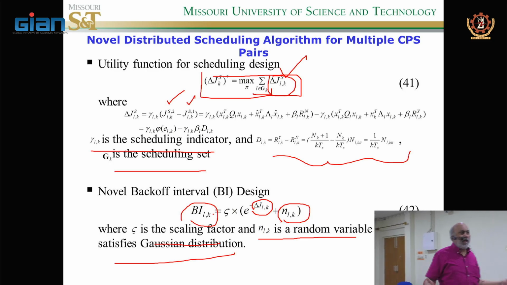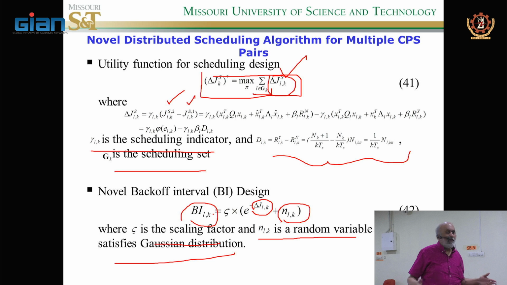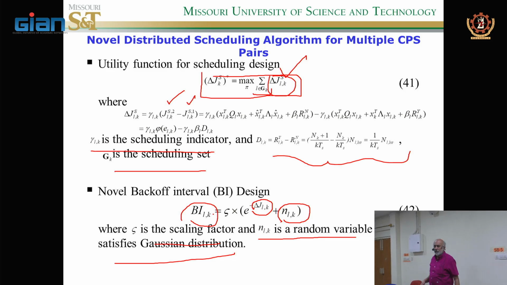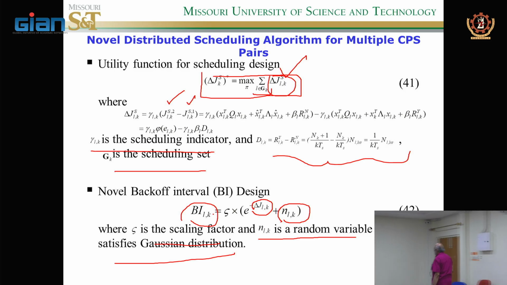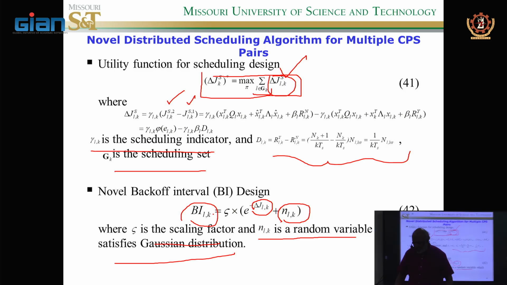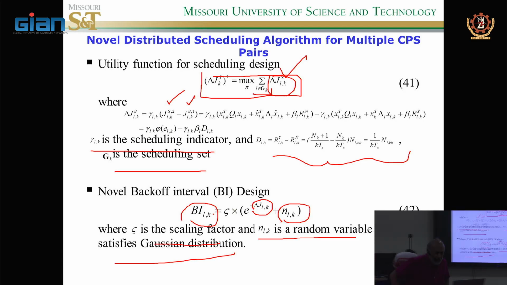The longer you back off, the longer is the delay, because he's backed off. He's not able to get onto the highway. So that's how we basically modified the utility function.